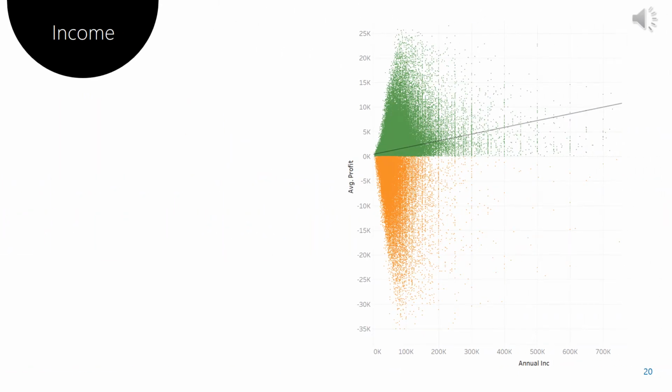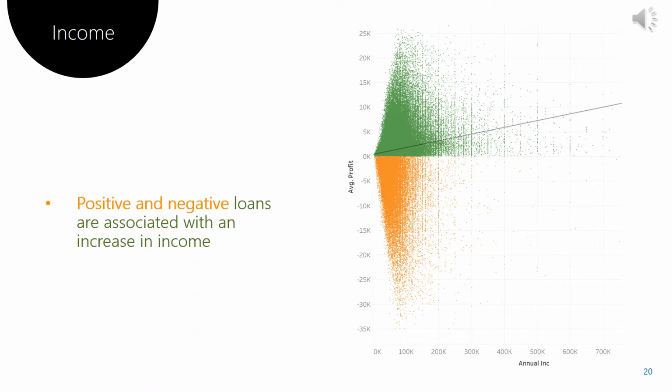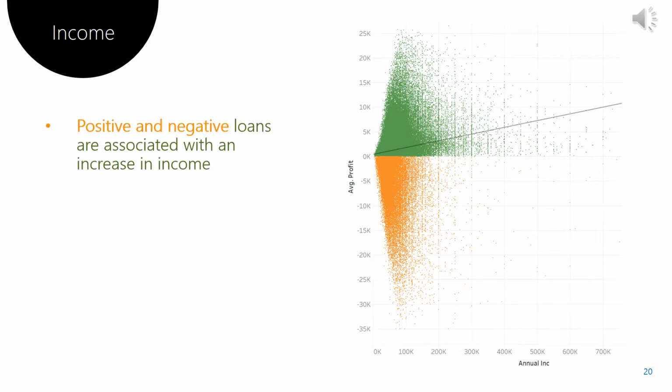Here, we're looking at annual income's effect on profit. Annual income is a continuous variable, so we're visualizing this with a scatter plot. As we saw with loan amount, there are positive and negative loans associated with an increase in income. We could also see here that the overall effect appears to be positive. Our trend line shows that the number of green plots seem to outweigh the number of orange plots in an increasing fashion.